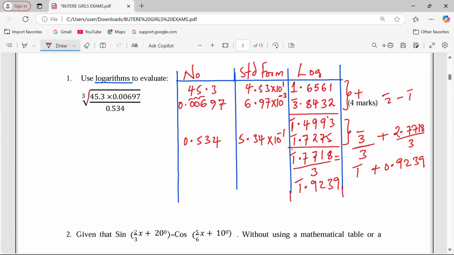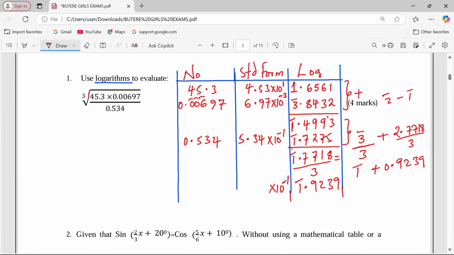Because we are having bar 1.9239, we should know that already here we should be having times 10 power negative 1. And that is why the logarithm is having bar 1. So we're just going backwards now. Then there is a number whose logarithm is 0.9239. Therefore, we carry out the anti-logarithm.